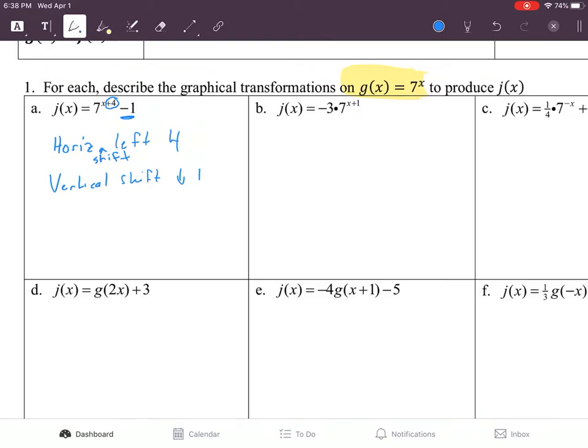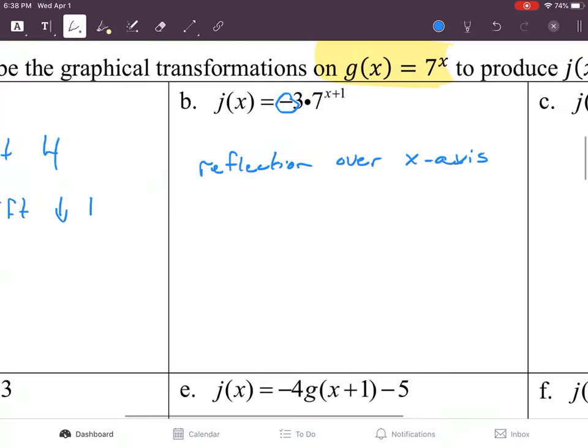All right. There are 3 different transformations on part B. The first one is the minus sign in front of the 3. This is a reflection over the x-axis. Then we have the 3 itself. This is a vertical stretch by 3.